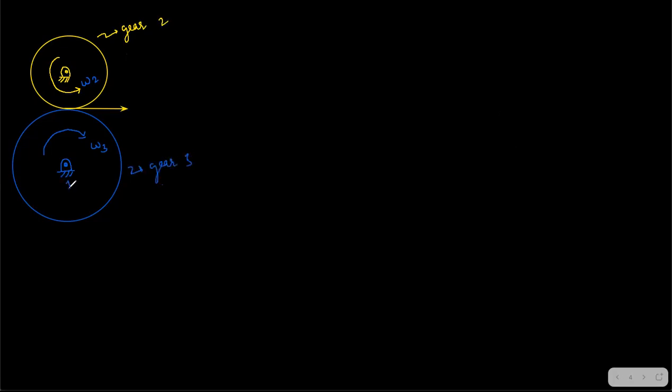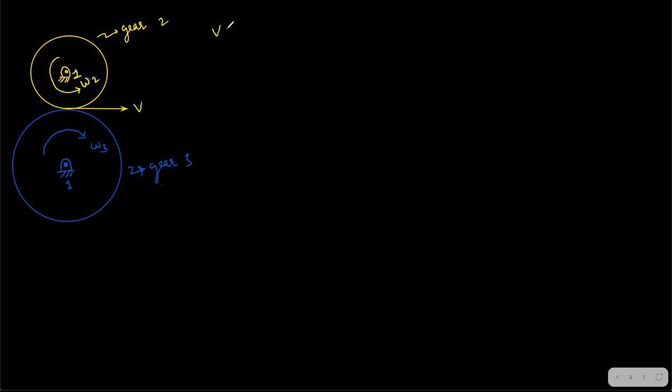What is 1? 1 is the shaft. Fixed is always 1, right? So they take 1 as the fixed surface, and the remaining are gear 2 and gear 3. Gear 2 has angular velocity omega 2, and gear 3 has angular velocity omega 3. Now, how do we usually find the velocity V? Velocity V is R omega.